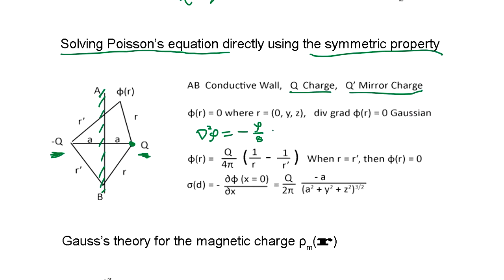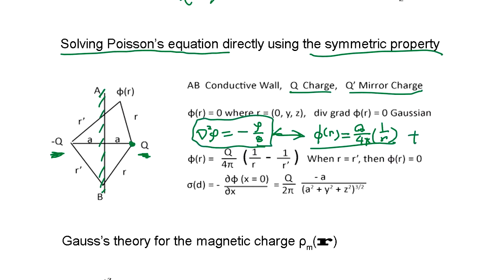This equation, okay? Then what kind of function is going to satisfy this? We know it because it's Q over 4 pi. This is the equation. Is there any other function that satisfies this Poisson's equation? Actually no, except for a constant, because when you take the integral, there will be a constant.